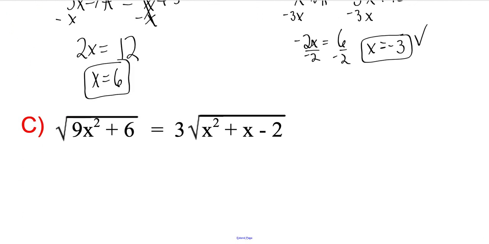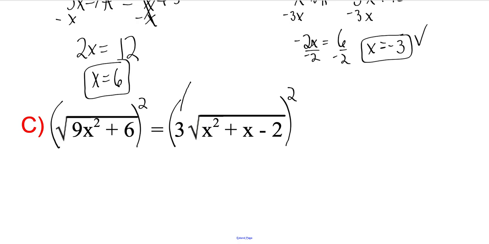So, something like this. If I have a number in front, I'm still going to do the same thing because I have a square root by itself. So I'm going to go ahead and square both sides like this. And now again, I say square both sides, okay? So this one is a little bit tricky.